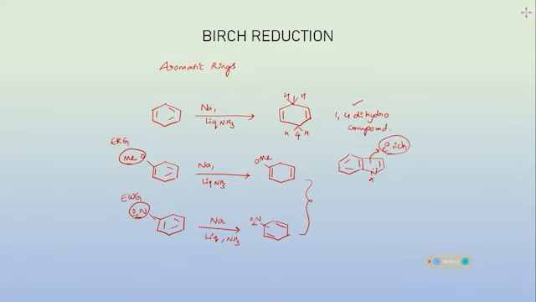So this is an electron rich ring and this benzene ring is electron deficient. So indole on reaction with lithium in the presence of liquid ammonia, the electron deficient ring undergoes reduction. Therefore, the benzene ring undergoes reduction producing a 1,4-dihydro compound.